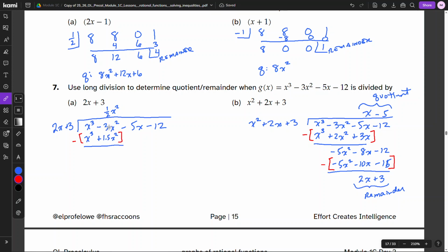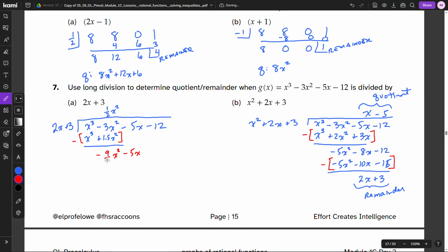All right. -3 minus 1.5 is going to be -4.5. That's fine. Negative 4.5 it is, right? And then I have a minus 5x. So, 2 times what is going to get me negative 4.5x squared? And I might say, well, maybe it's easier if I think about this as a fraction.